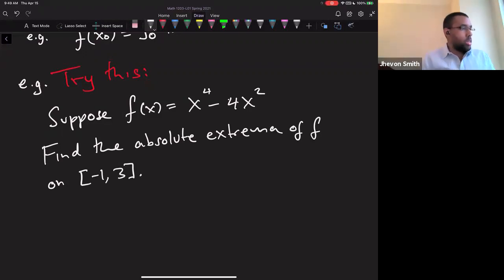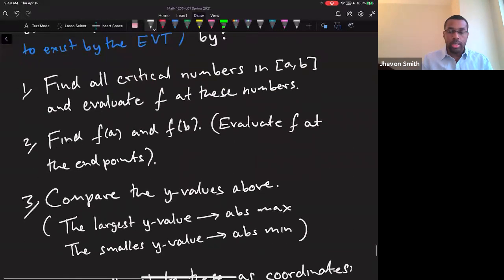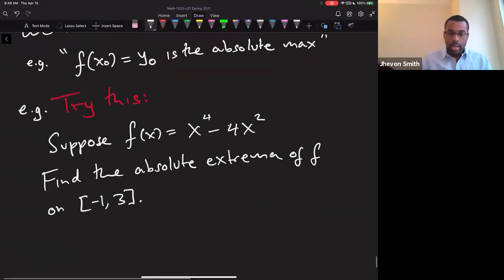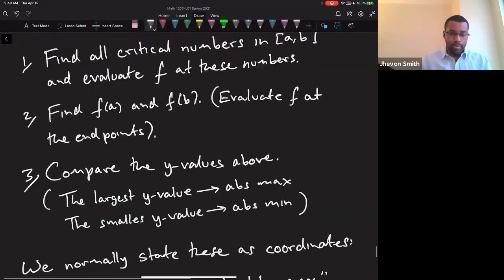So I'll leave you guys with that to try, and we'll pick up with that next time. So absolute extrema are guaranteed to exist here. This is a polynomial, it's continuous everywhere. So it's definitely continuous on the closed interval -1 to 3. And we can use this process to figure out what are the absolute maximums and minimums, and we can call these the absolute extrema.